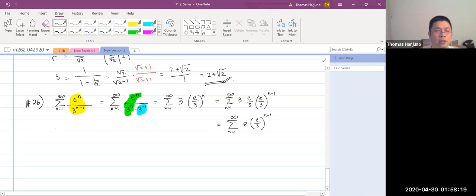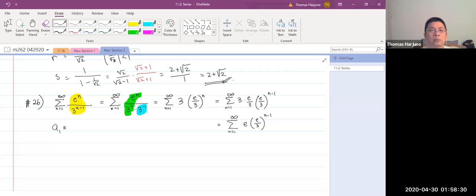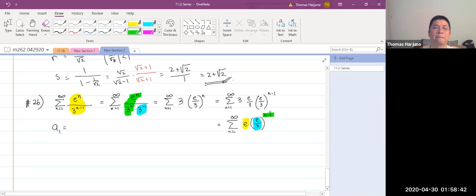See, it already fits that pattern: the first term times the ratio to the n minus 1, right? So the first term is e. The ratio is e over 3.